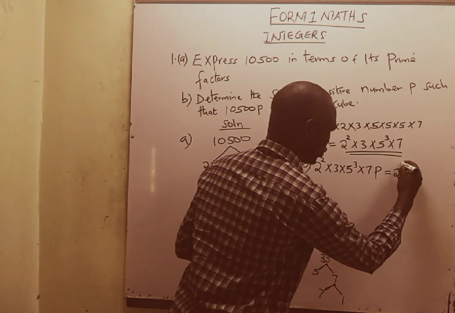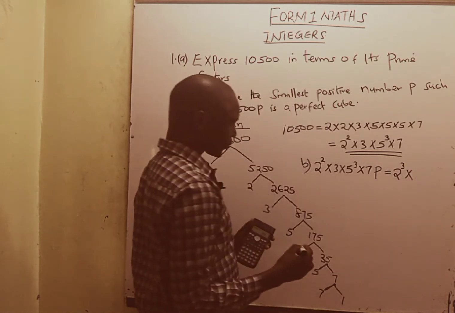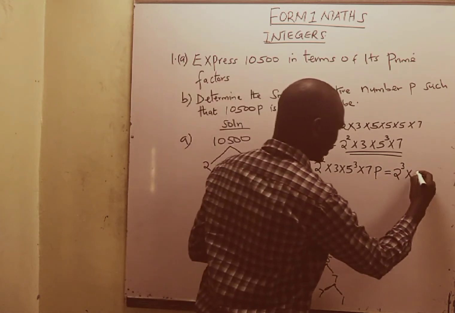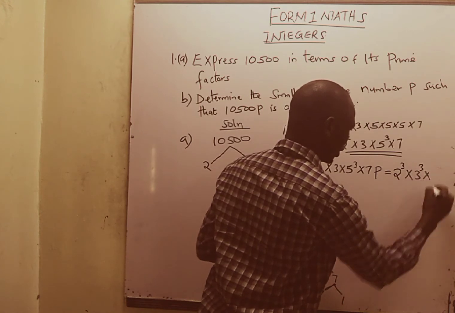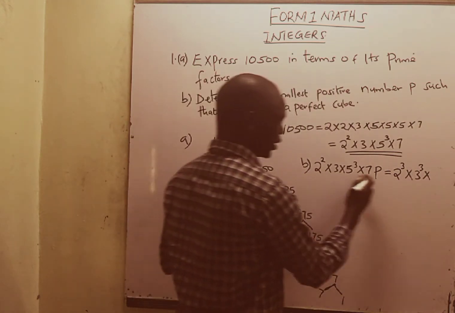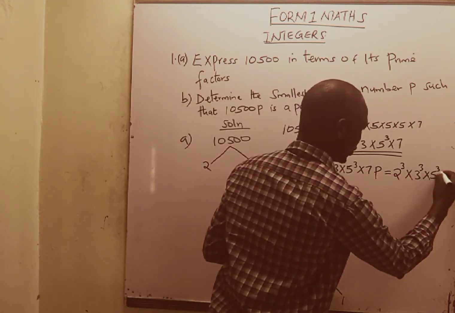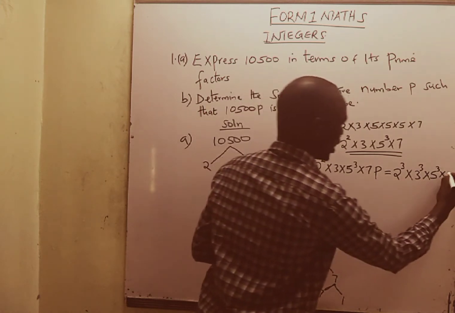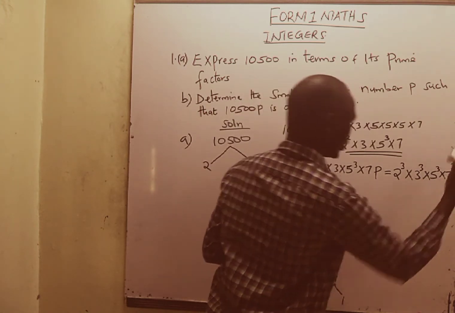Such that we are going to have 2 cubed times 3 cubed, because 3 should be cubed for it to be a perfect cube. Already 5 is a perfect cube, times 7 cubed, because 7 should also be a perfect cube.